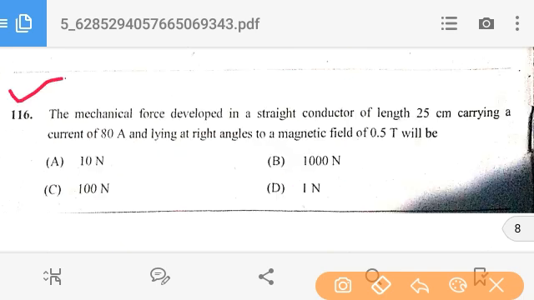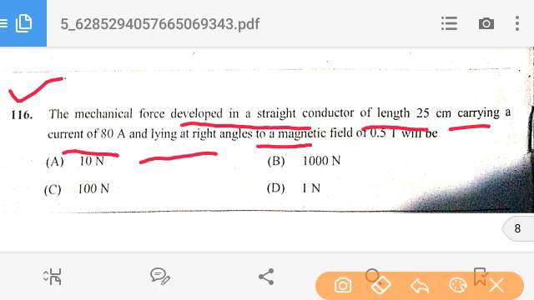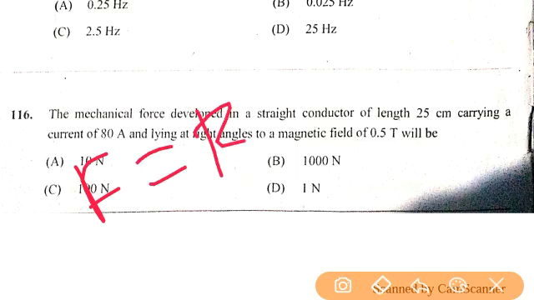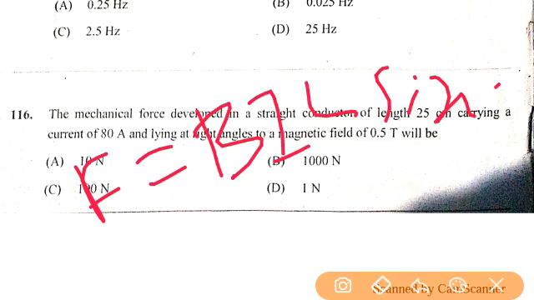In the next question, the mechanical force developed in a straight conductor of length 25 cm carrying a current of 80 ampere and lying at right angles to a magnetic field of 0.5 T will be. So the mechanical force F is given by B into I into L into sin theta.